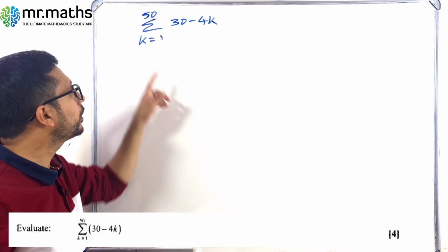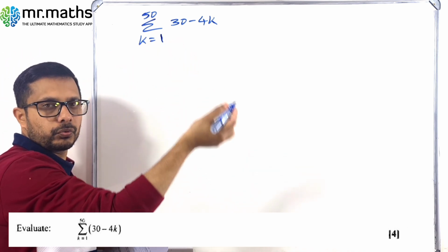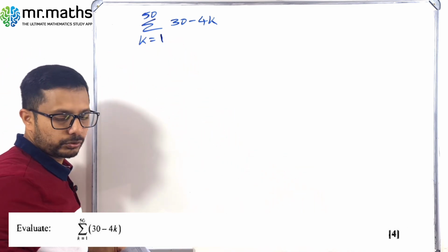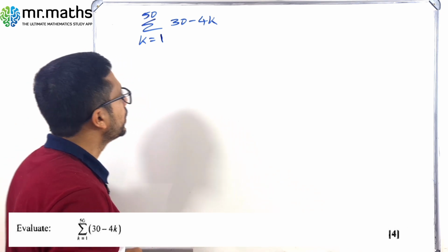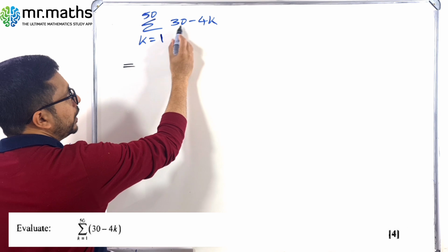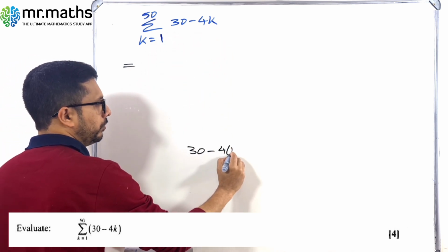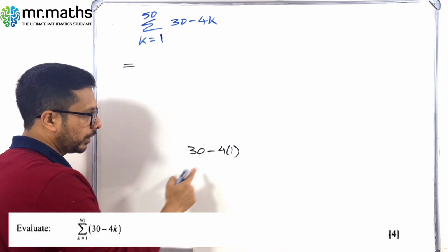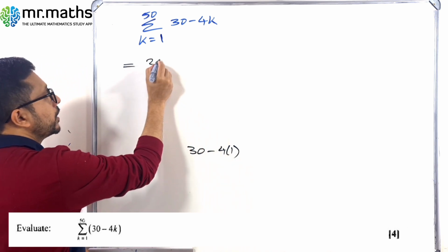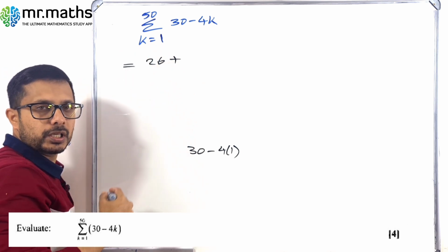First you have to substitute the value of k as 1, then 2, then 3, then 4. That's how you want to find the answer. So substitute the values. k as 1, 30 minus 4 into 1. So 30 minus 4 is 26, plus. Why is it plus? Because it is sigma. Sigma stands for adding.